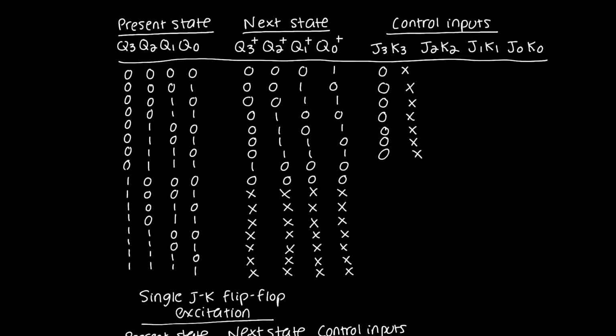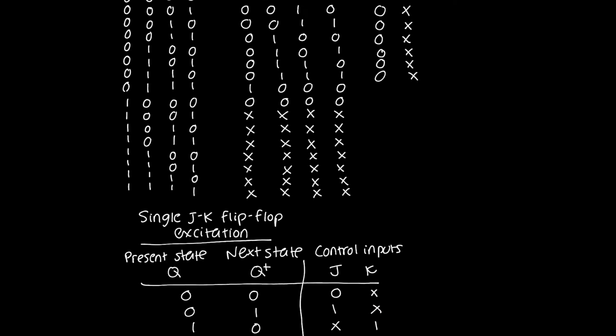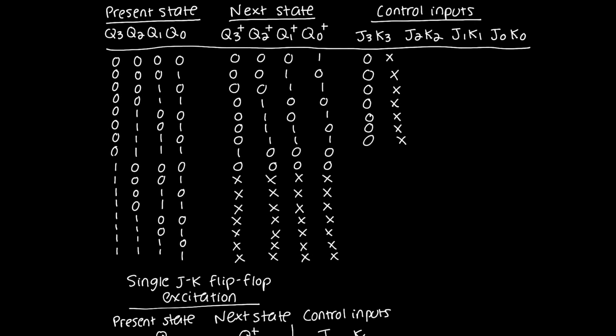And now, finally, I have a 0, 1 transition over here. And if I go back to look at my single JK flip-flop excitation, that corresponds to this row. So I know that if I want a 0 to 1 transition, then J has to be 1 and don't care for K. And I've got over here a 1 to 0 transition in the next row.